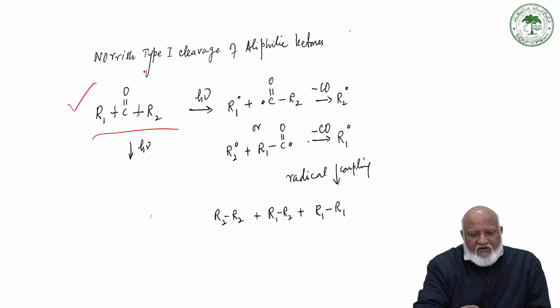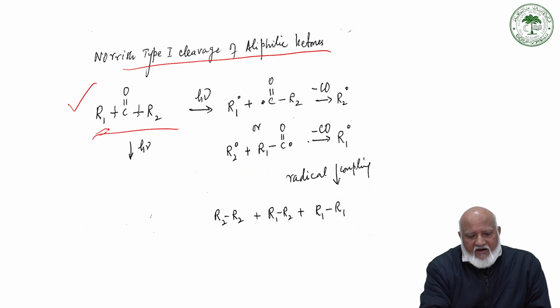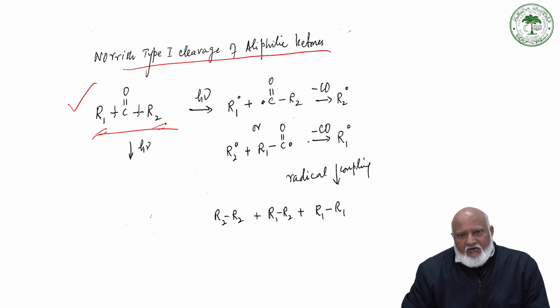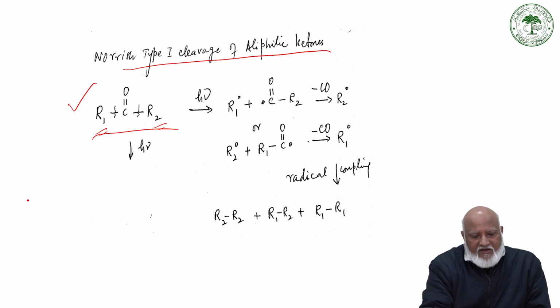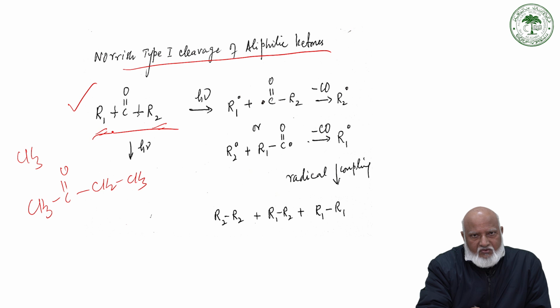This is the Norrish type 1 reaction of aliphatic ketone. You have R1 and R2, which can be different substituents. For example, CH3, C double bond O, CH2, CH3, or if R1 and R2 are the same, then we have acetone.